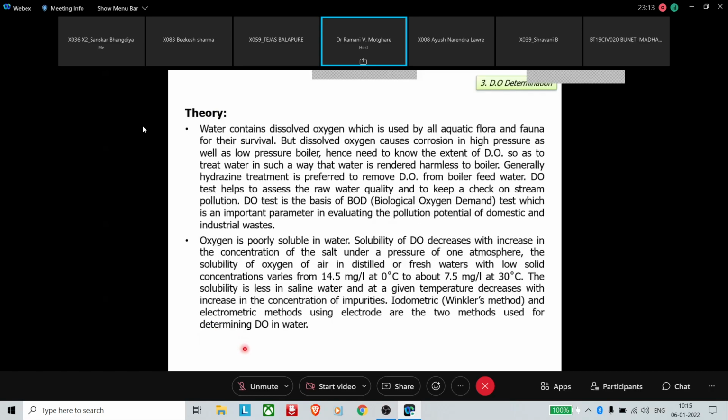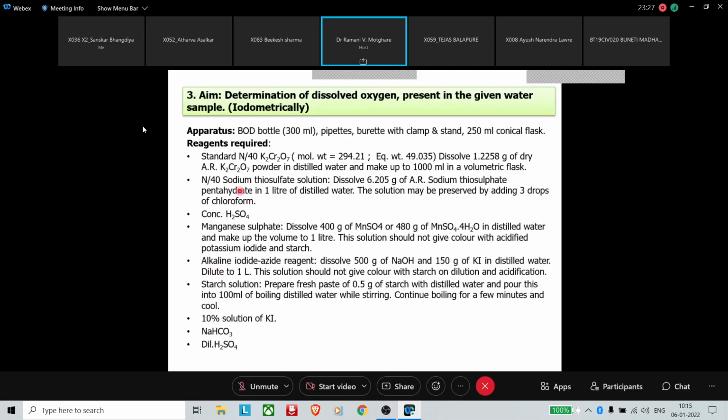Now the theory part of it. Ma'am, what is AR? That is analytical grade. When you purchase chemicals and see the list of chemicals, certain reagents are synthesis grade chemicals.